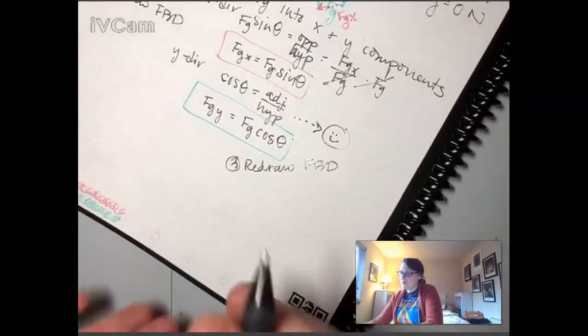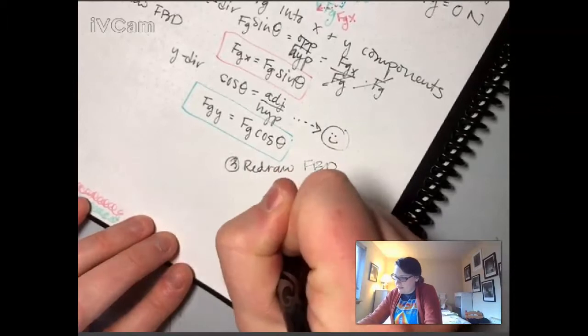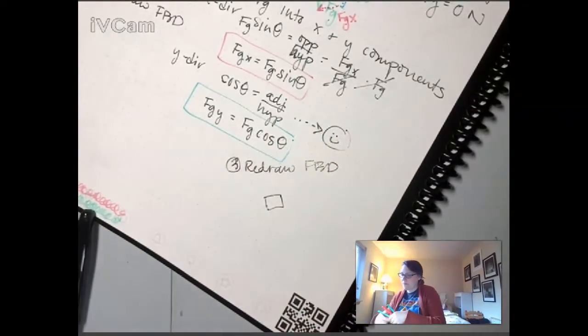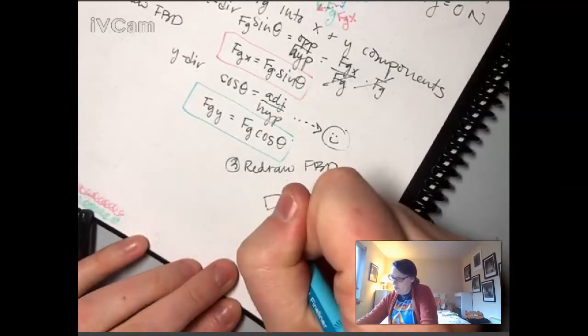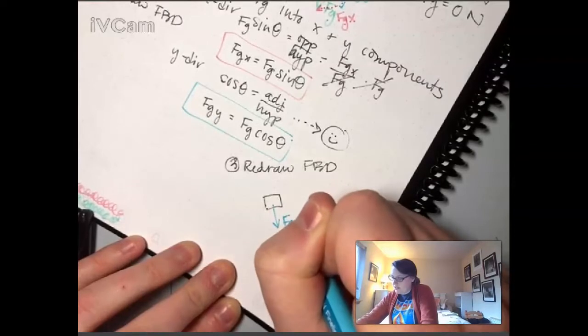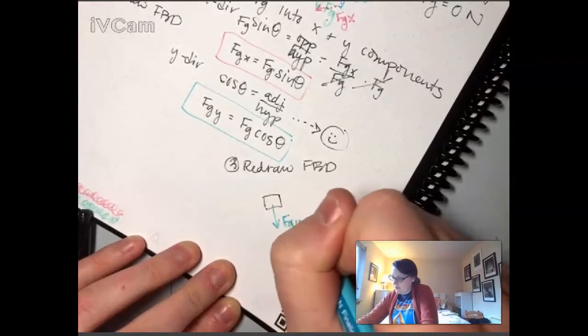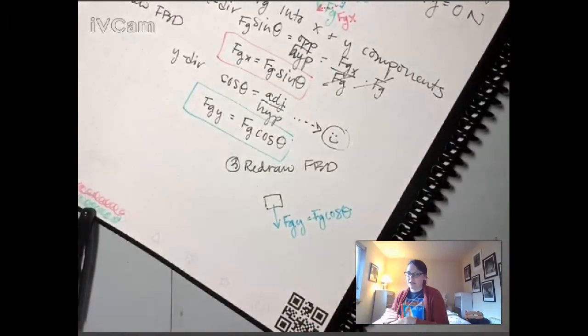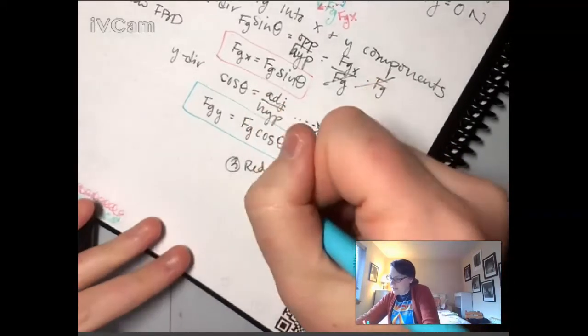Okay. So my free body diagram looks like this now. There's my object. In the y direction down here, I have the force of gravity, which is equal to the force of gravity times the cosine of theta. I'm going to write the whole thing out right now just because I want to make sure.